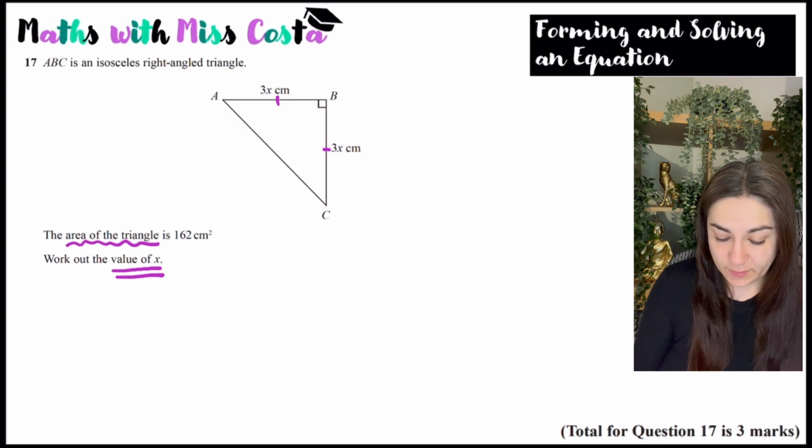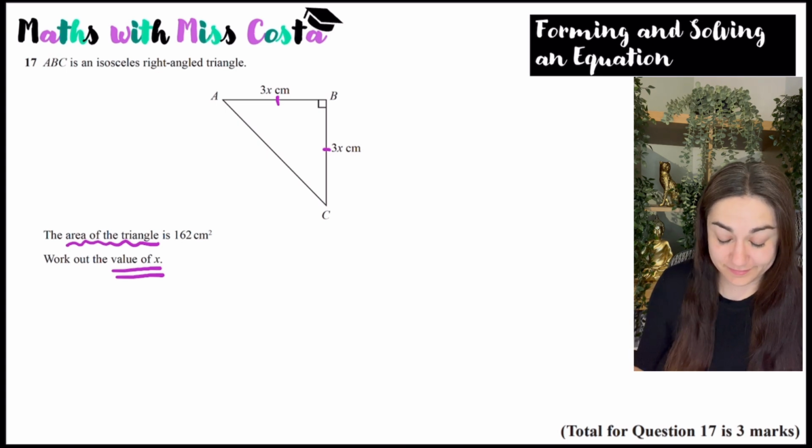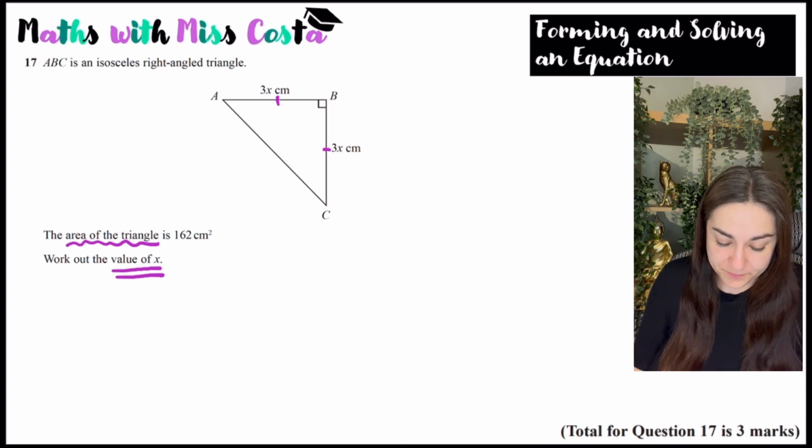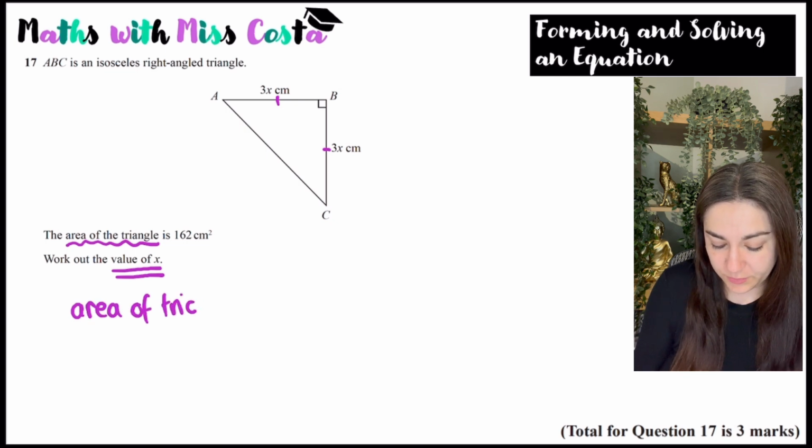If you like visualizing with a square, no, let's not do that way. Well, it honestly depends on what your form of knowledge is, but let's just go with the area of a triangle. So you always try and think to yourself, what knowledge do I know?